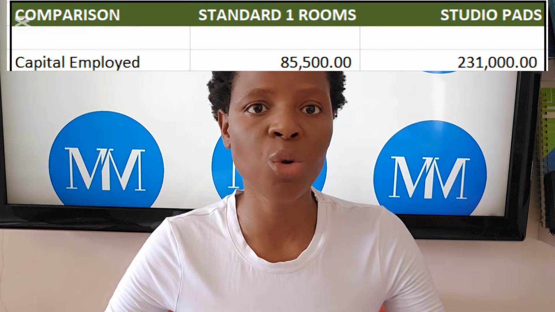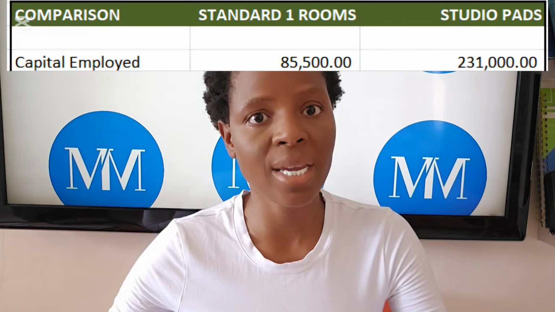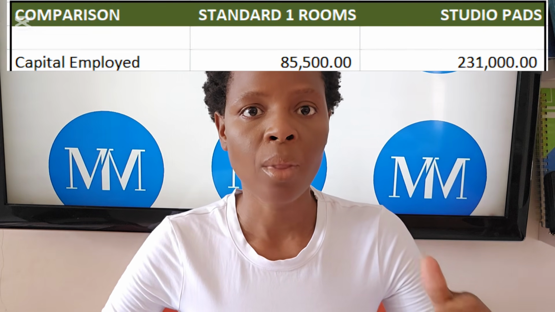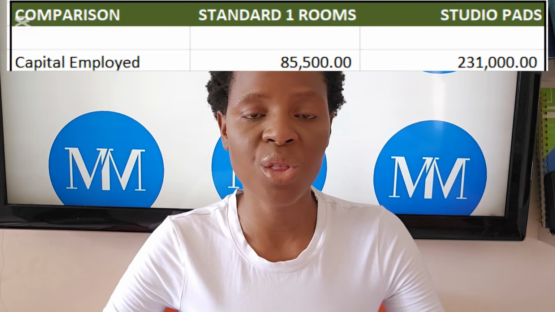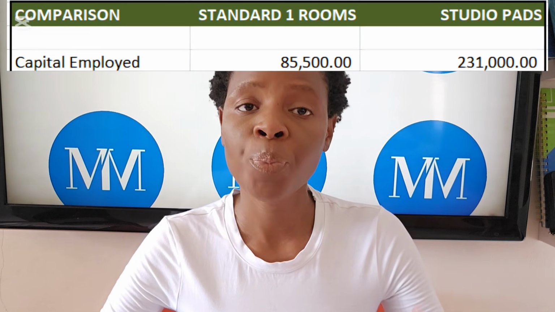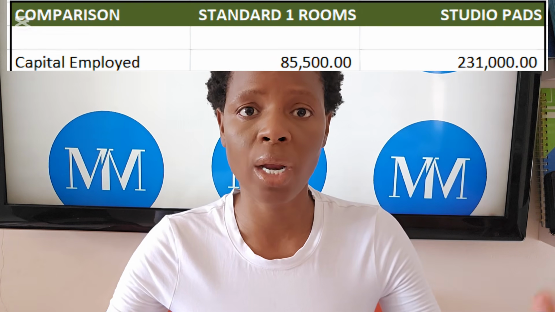And then we look at the studio pad. For a studio pad, you don't have to worry about building toilets separately because the toilets are enclosed in the unit. So the total cost for this one is 231,000. This is the total cost for the latest block that we built. So you can see that will be our capital employed for each block.